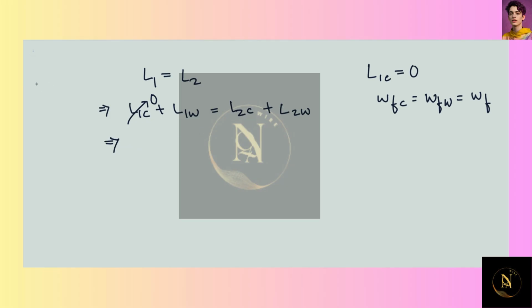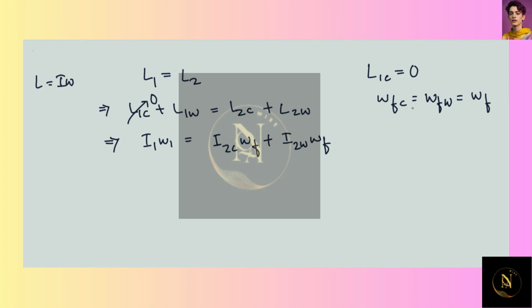Now, angular momentum is given by I times omega. So we have I1 omega 1 for L1 to be equal to I2C omega f plus I2W omega f.